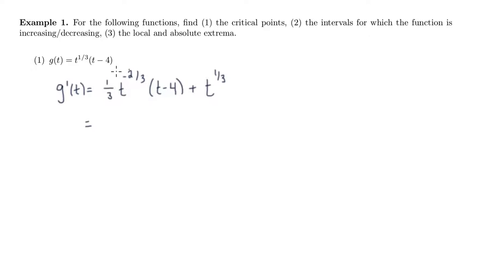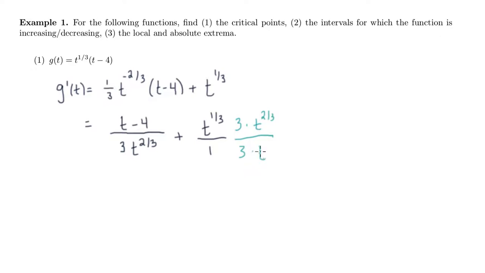So this first term I'm going to write as t minus 4 over 3t to the 2/3, and then plus t to the 1/3, well, over 1, and I'm going to get a common denominator. So I'm going to multiply the top and the bottom by 3 times t to the 2/3.